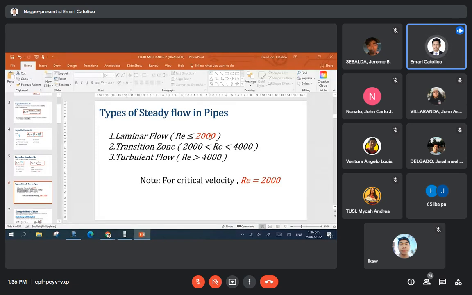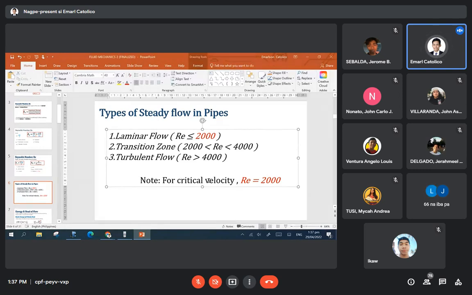So, kapag ang Reynolds number mo is less than or equal to 2,000, considered siya as laminar flow. Kapag greater than 2,000 but less than 4,000, ito yung transition zone. And kapag greater than 4,000, ito yung turbulent flow. Okay? Where yung sa ating nozzles, for critical velocity, automatic Reynolds number natin is equals to 2,000.